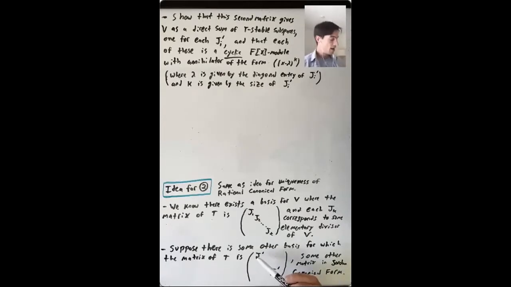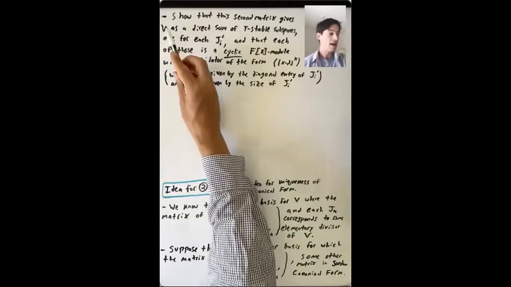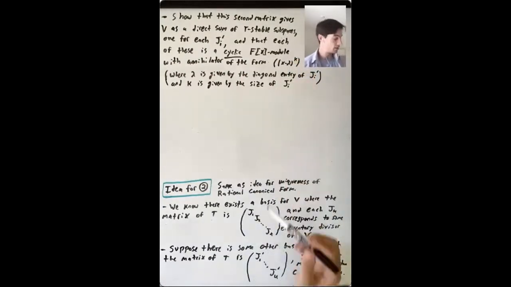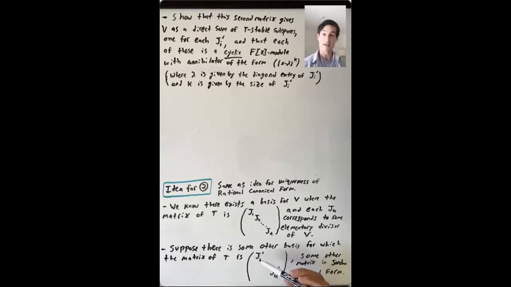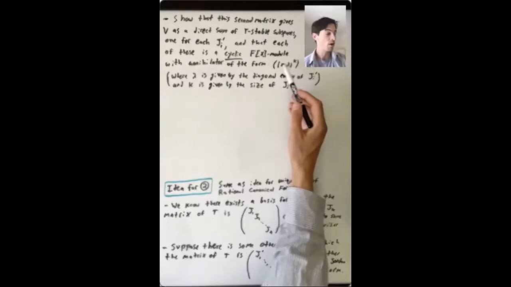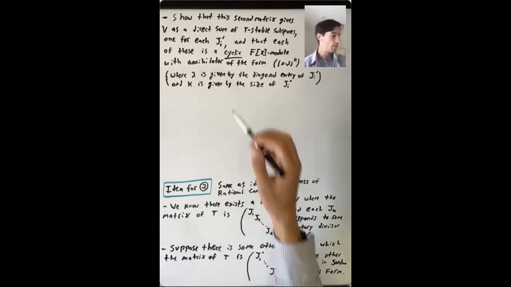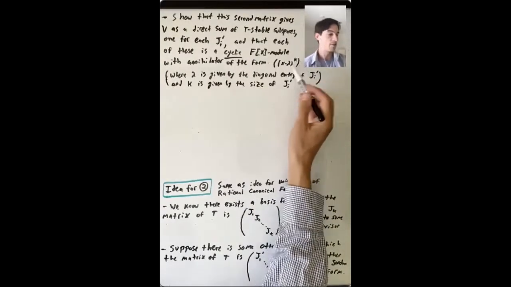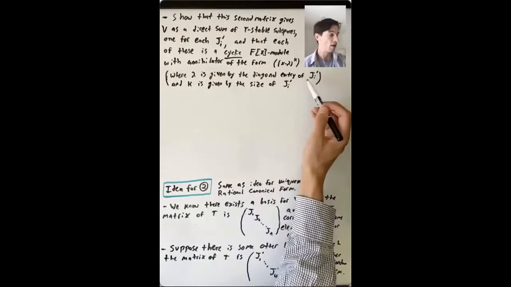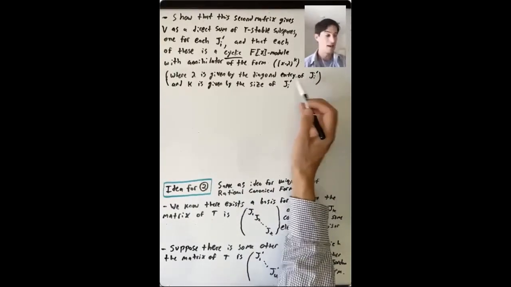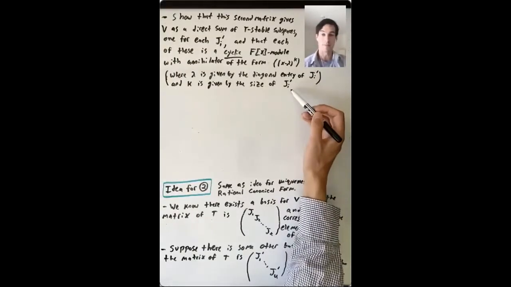And we want to show that having the matrix of T be of this form gives V as a direct sum of T stable subspaces, one for each of these blocks, J_i prime, and that each one of these T stable subspaces is a cyclic F[x] module with annihilator of the form (x minus lambda) to some power, where how do you go from a block to this (x minus lambda) to a power? The lambda comes from the diagonal entry along that block, and k is given by the size of that block.